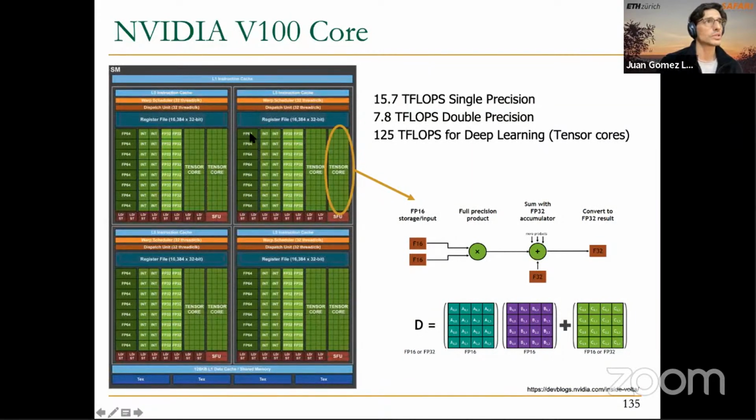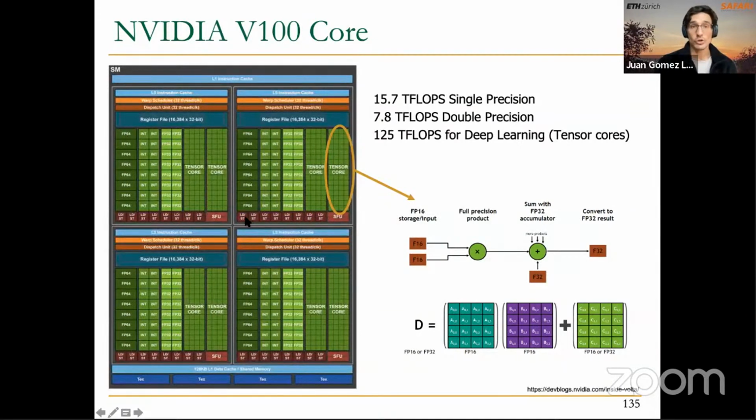Observe how we have units that are specialized for FP64, so double precision, here integers, here floating point 32, here we have load and store units, and here we also have these special function units that execute transcendental operations, right? Like for example, sine, cosine, etc. So as you see, we have different types of execution units, same as in a vector processor.